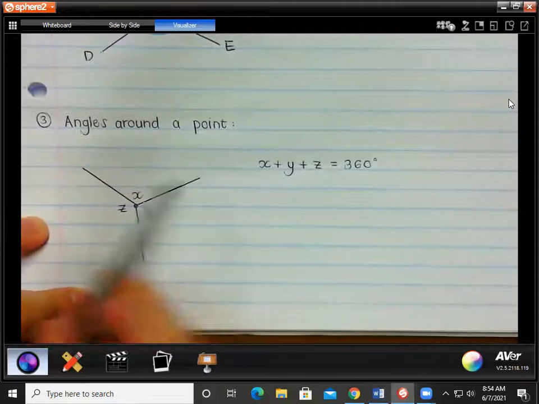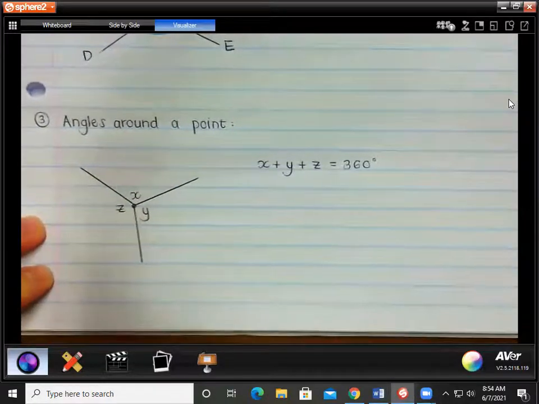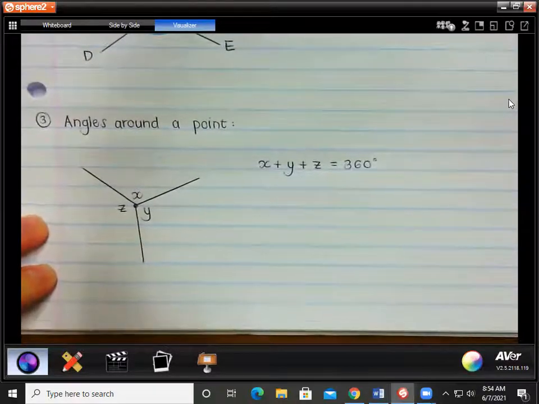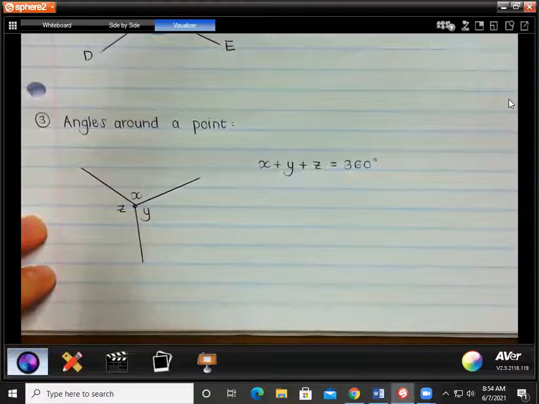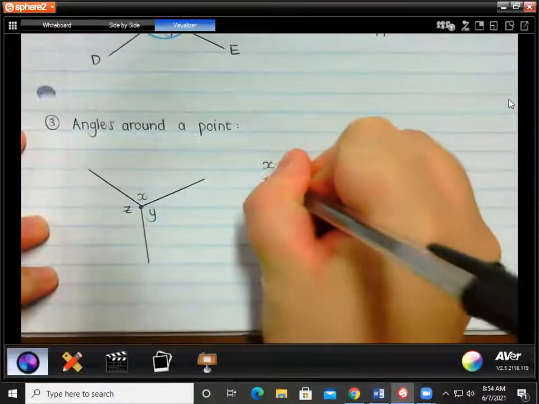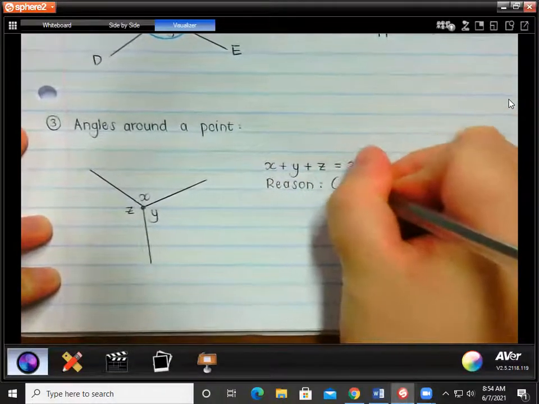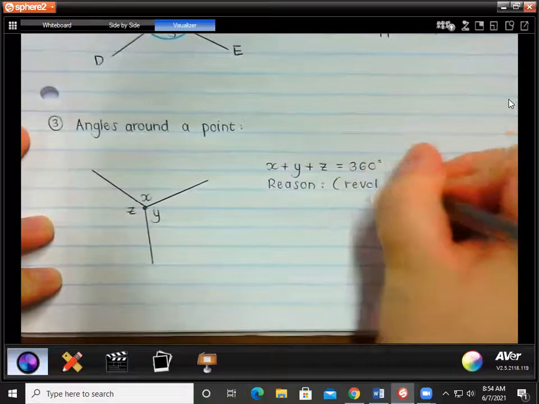Okay, now because I haven't written letters here on the ends of these lines, we can't actually name those angles anything else. So the only naming that we can use there is using those variables. Now guys, the reason for this, there are actually 2 options. The shorter one is revolution.